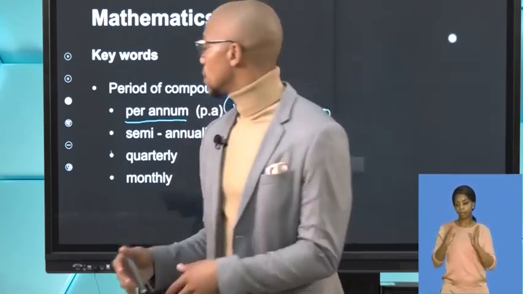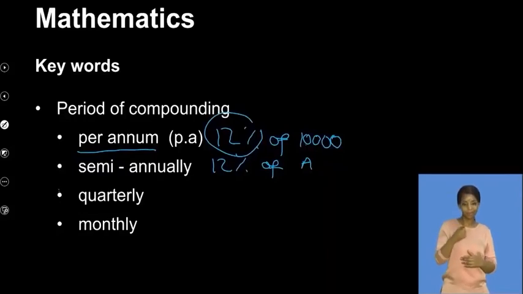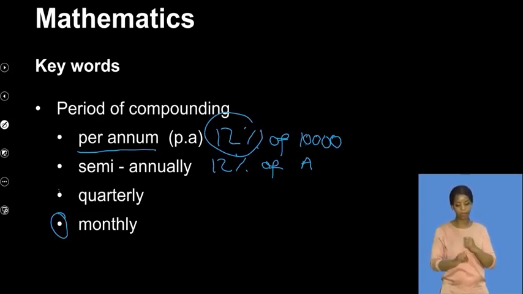So that will be what we are talking about. And then lastly, I have compounded monthly. Monthly, as you can see, is quite straightforward. If it's 12%, I'm giving you 1% every month. But at the end of the year, when I add that, it must amount to 12%.